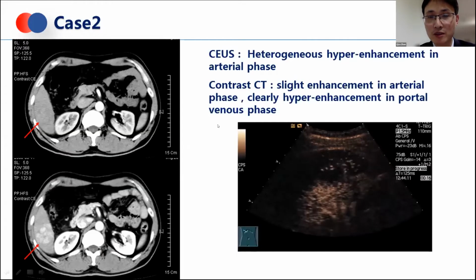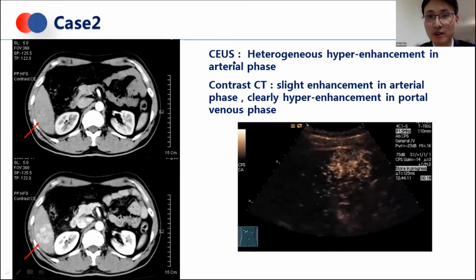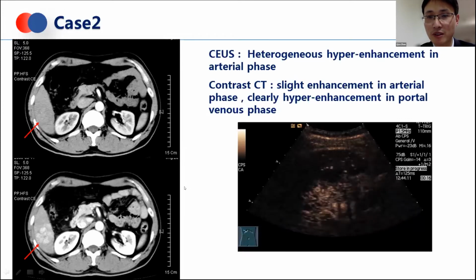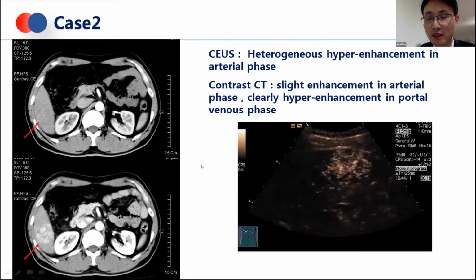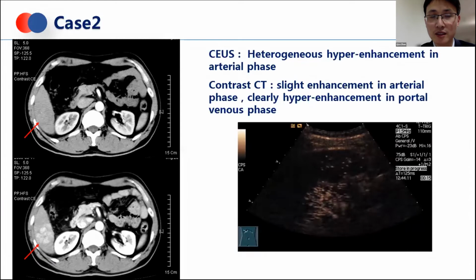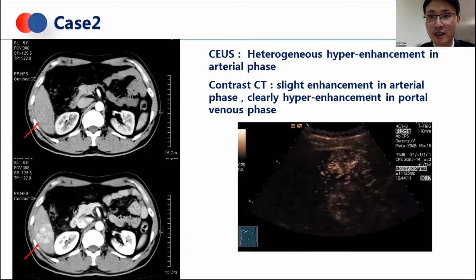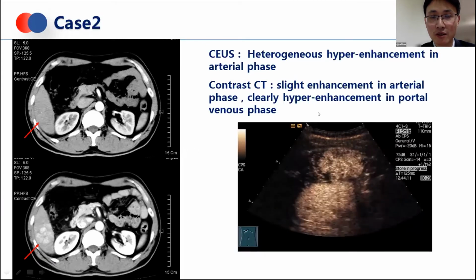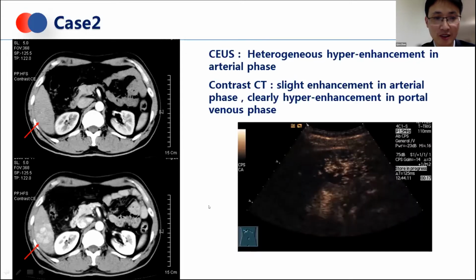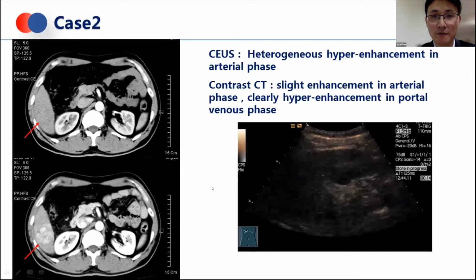When we do contrast, we found heterogeneous hyperenhancement in arterial phase, which is different from the smaller one. And in contrast CT, we can see slight enhancement in arterial phase and clear hyperenhancement in portal venous phase. So this is a difference.